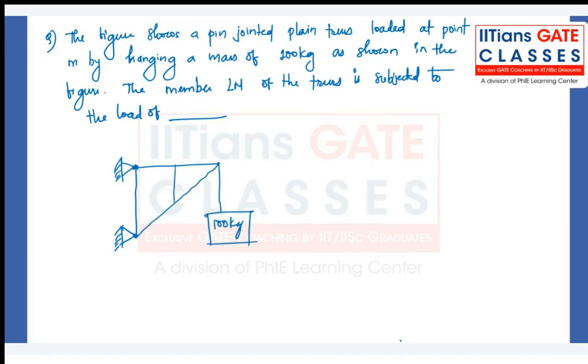Okay, J K L M N. Okay, I hope the things are clear now. The figure shows here the pin jointed plane truss loaded at a point M by a hanging mass of 100 kg as shown in the figure. The member LN of the truss is subjected to the load of.